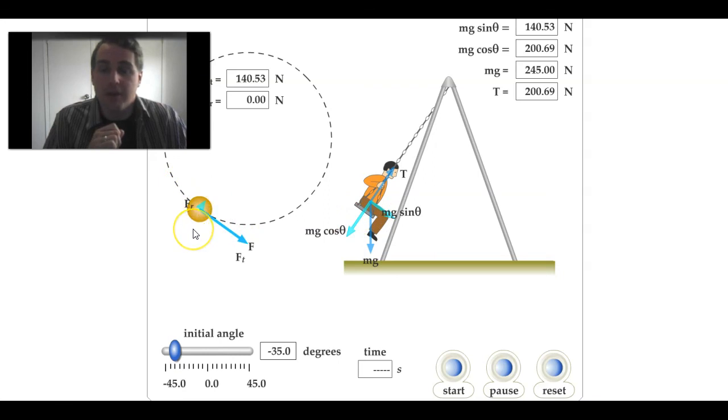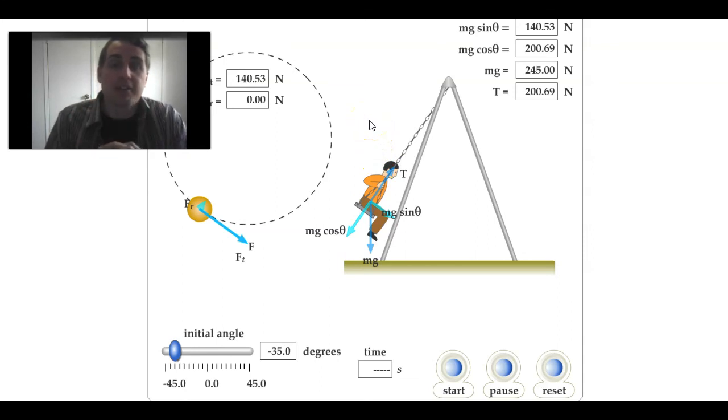Look at their free body diagram. Notice that mg, the weight force vector, can be decomposed into mg cosine theta and mg sine theta, where theta is this angle with reference to straight down vertical. Now, mg sine theta is very similar to what we've seen earlier in the semester in this course.